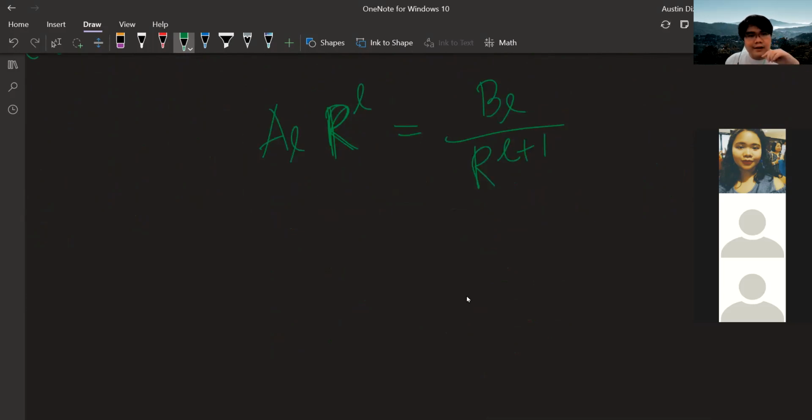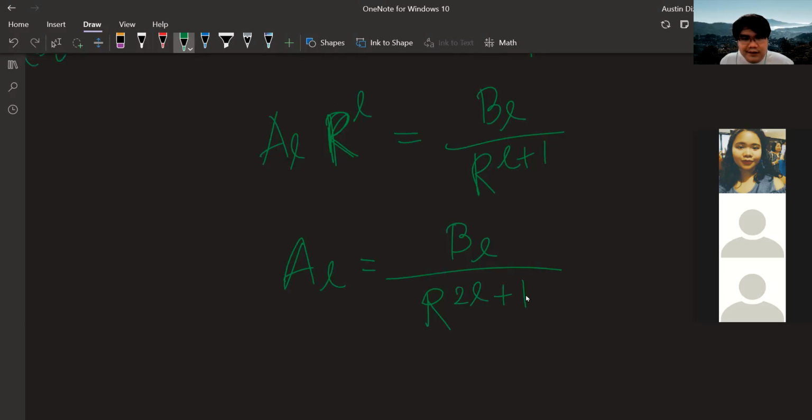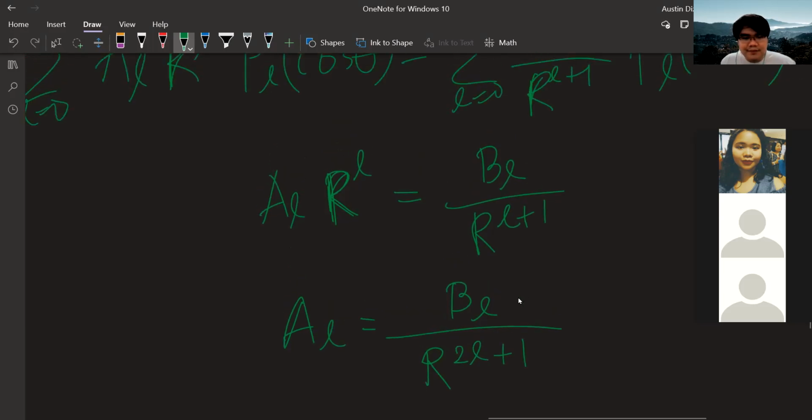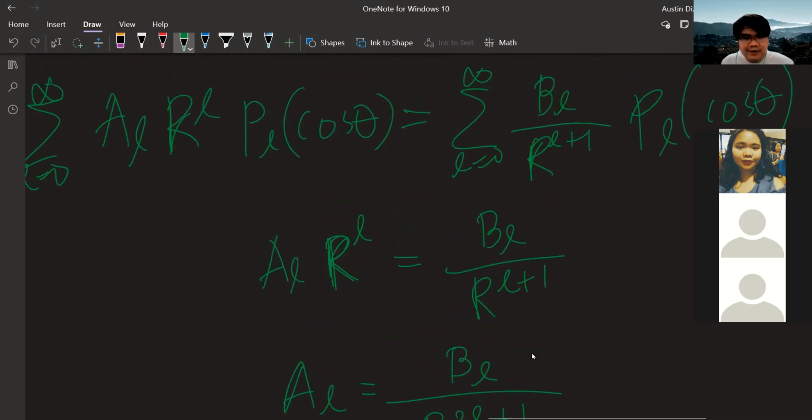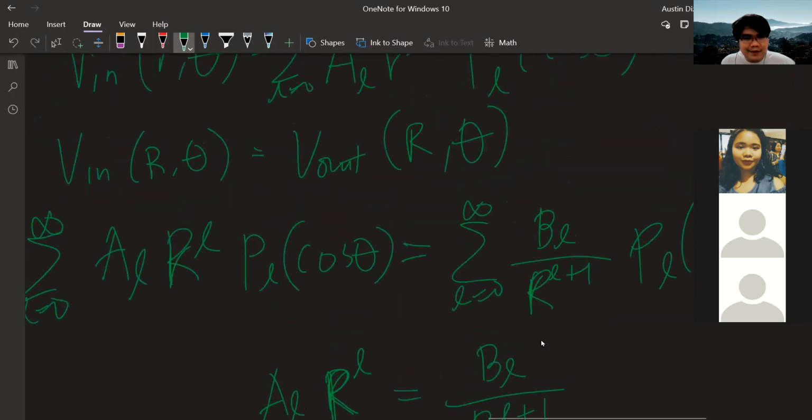Okay, so AL must be equal to BL over R to the 2L plus 1. Tama? Tama. Okay. Wala magulo doon, di ba? Okay.